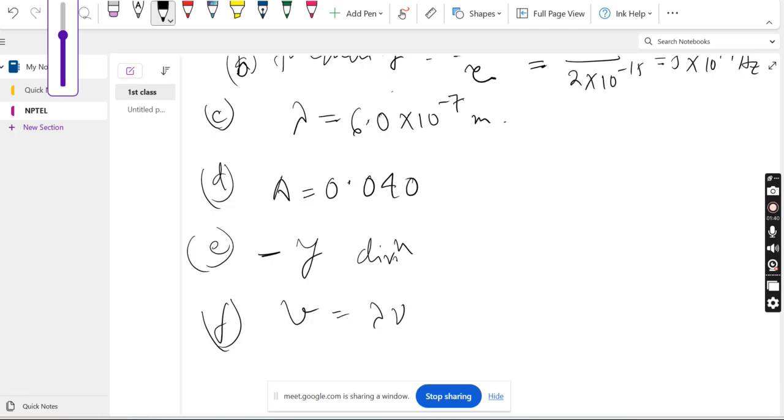So that is 5 into the power 14, into 6, and the one is 7 meter.